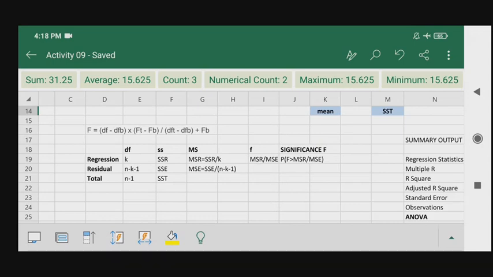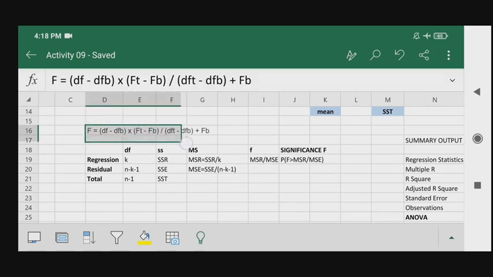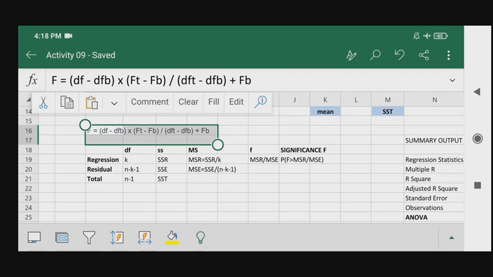So here is the formula to find the F value.